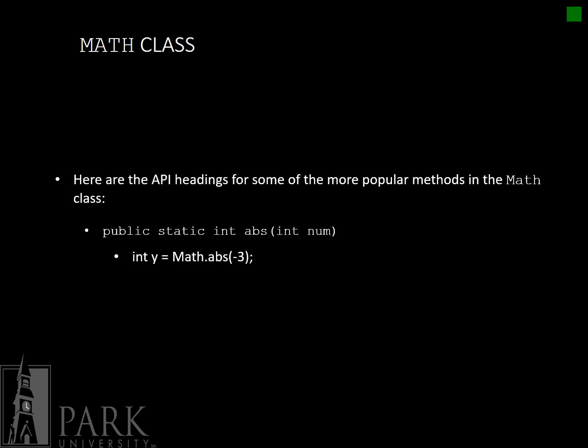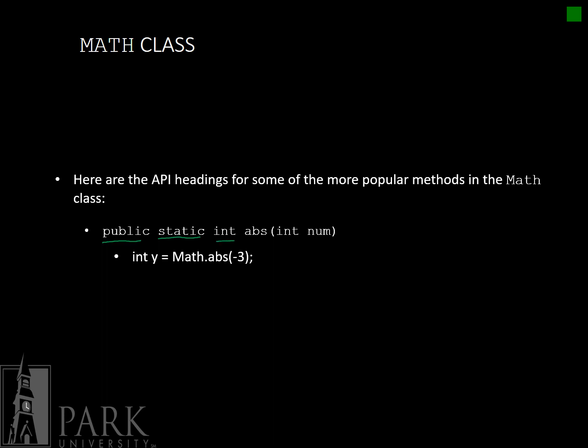But for now, let's examine the Math class directly within this lesson, because we're going to use it quite a bit. One of the first things we're going to talk about is the abs method, or absolute value. You can see here that it's public, of course, it's static, and we'll explain what that means on the next slide, I think.